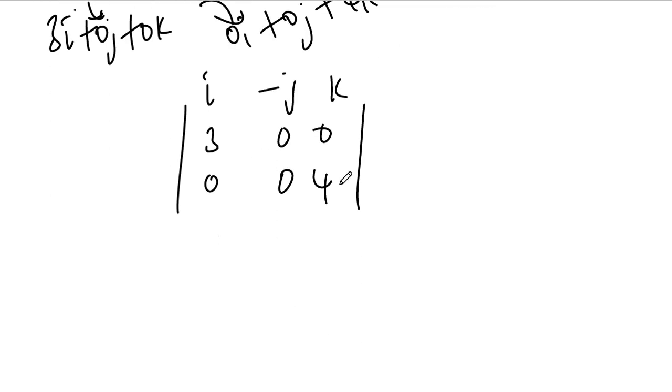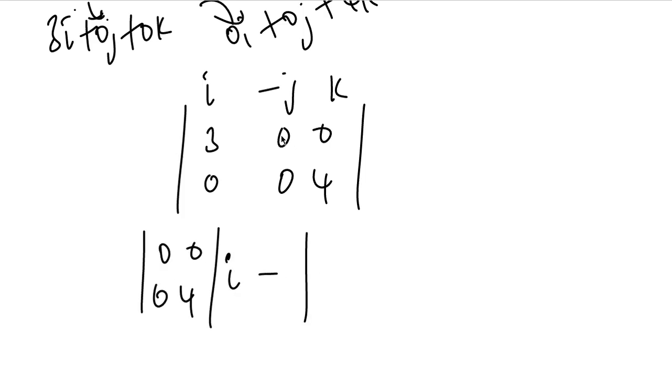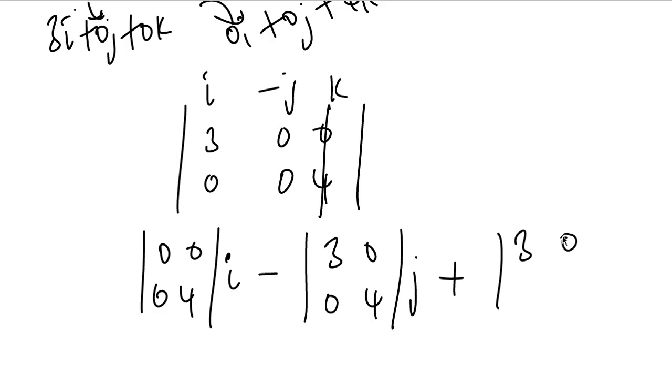We simply close the i part and attend to the others, and that's going to be 0, 0, 0, 4, i. Then negative, and we close the j part, and that's 3, 0, 0, 4, j. Then positive, we close the k part, and that's 3, 0, 0, 0, k.